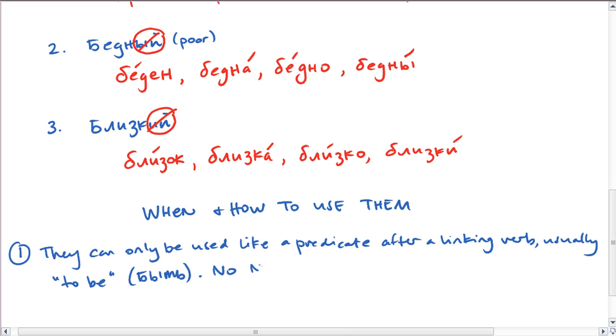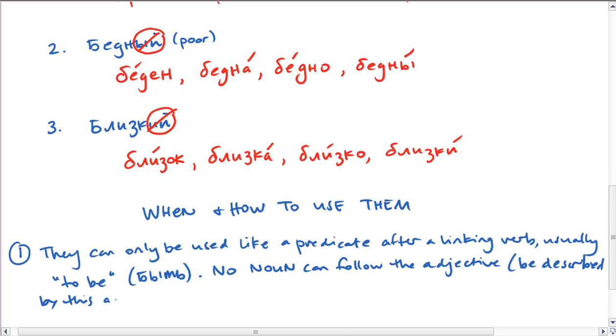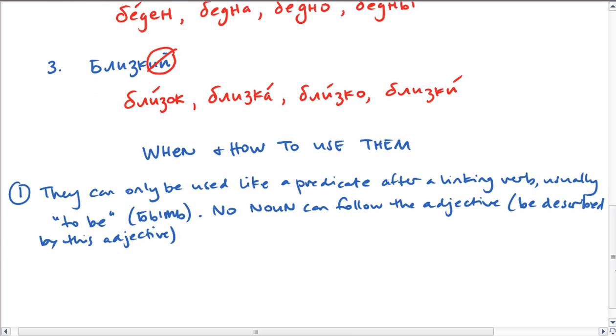And no noun can follow the adjective or be described by this adjective. Only a noun coming before the short form adjective can be described by it. So that's an important thing to remember.